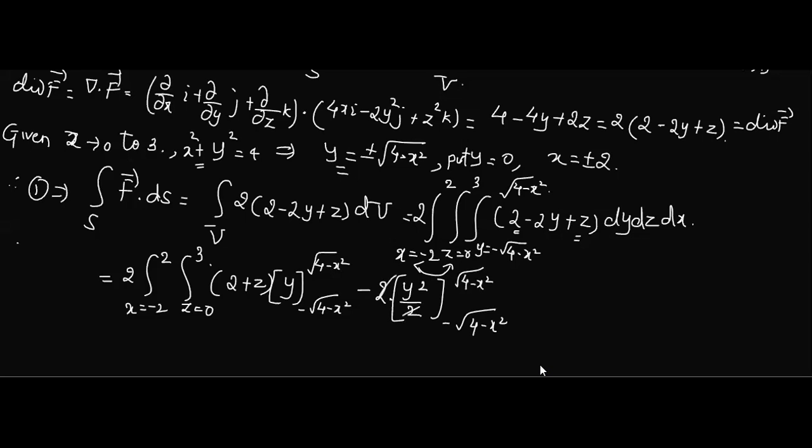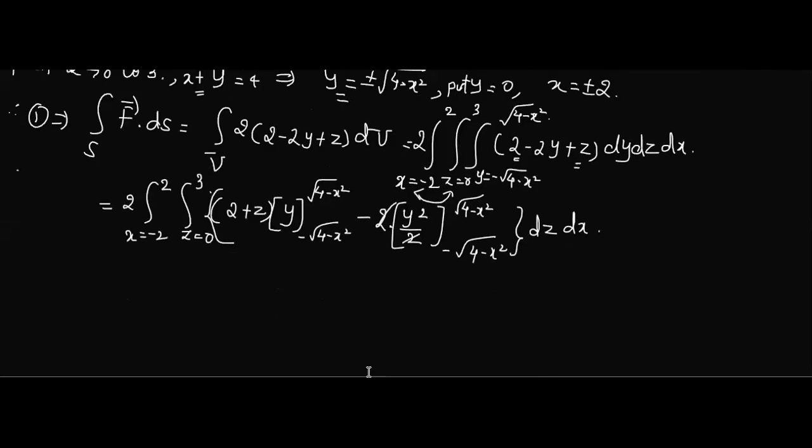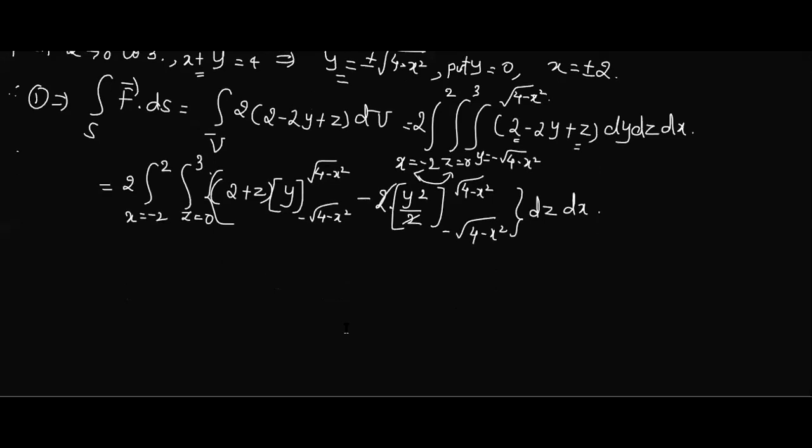So this 2 and 2 will be cancelled. Still this has to be integrated with respect to z and then with respect to x. Now can anybody tell me any term going to be 0 here? If you put the limit, let us see who can observe it properly. See, I have got y square term, isn't it?